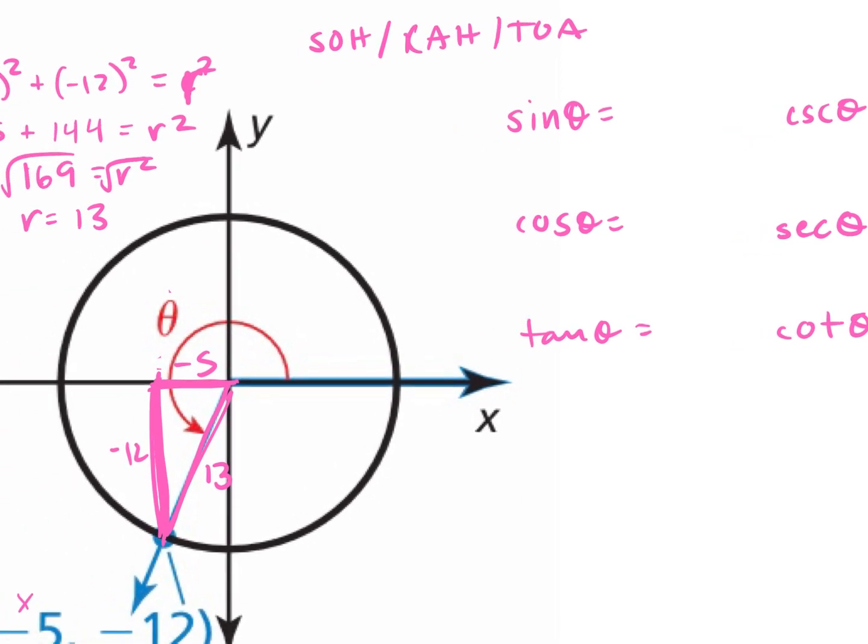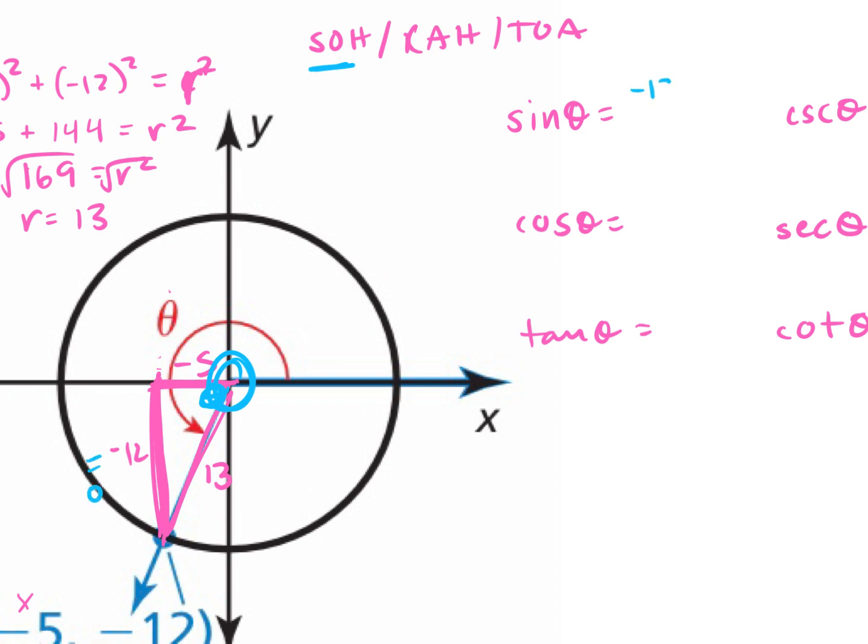All right. So where do we put our theta in our triangle here? Where would our theta go? Closest to the center here. Theta is going to be at this angle. So what would opposite over hypotenuse be for sine? What's our opposite to the theta? Negative 12.